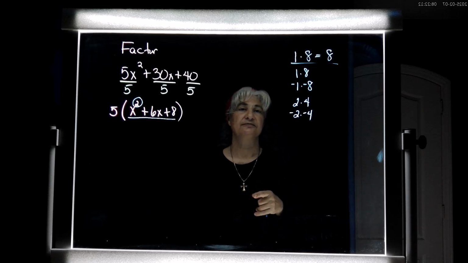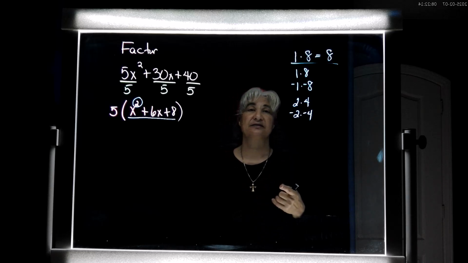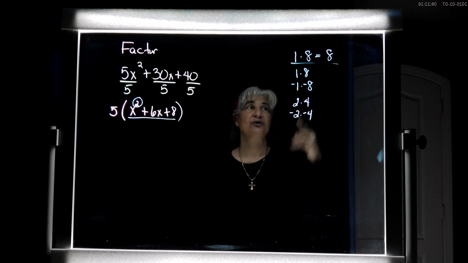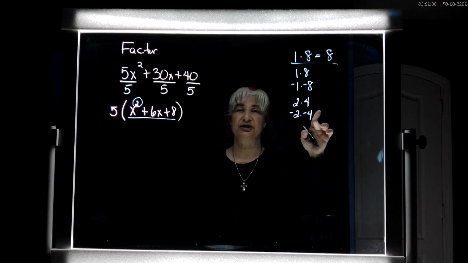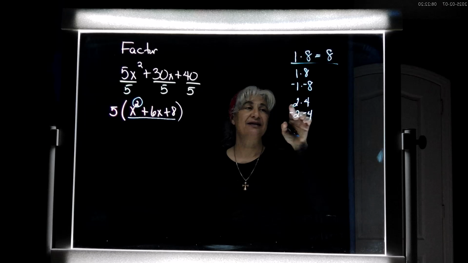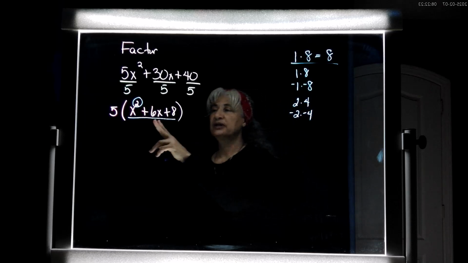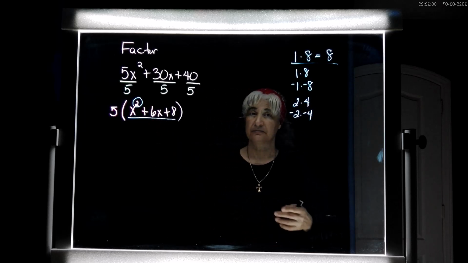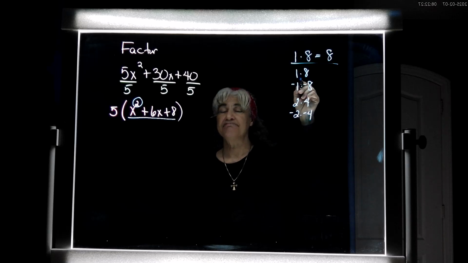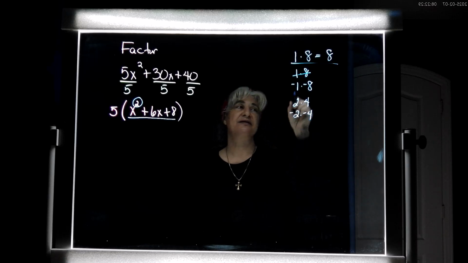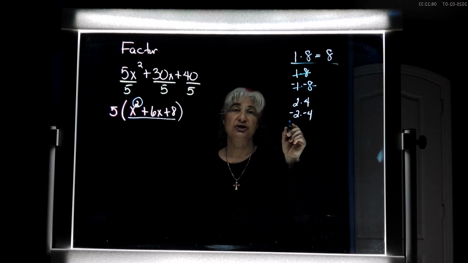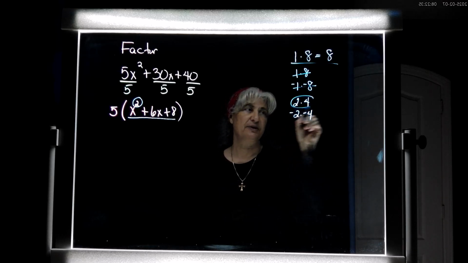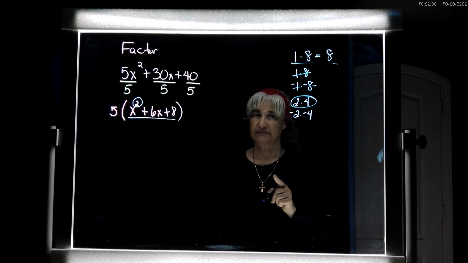And now, the question is, is there one of these combinations that when I add the 2 numbers will give me a positive 6? 1 plus 8? Yeah, not a positive 6. Negative 1 minus 8? Not a positive 6. 2 plus 4? There's my 6. Got it?